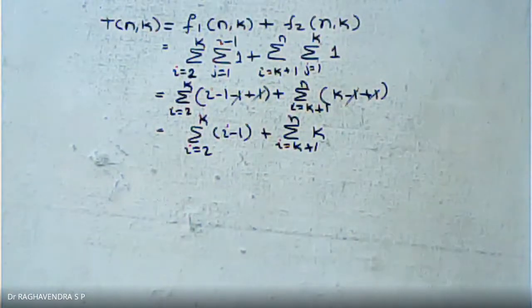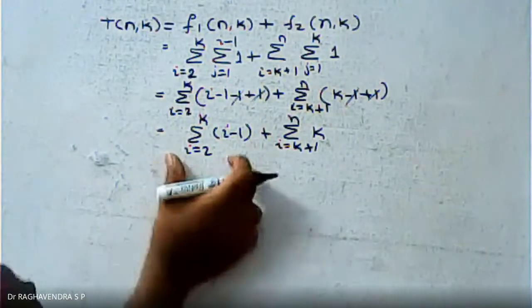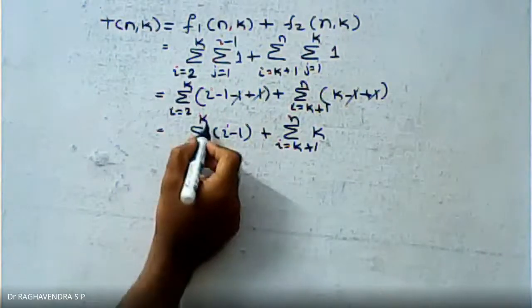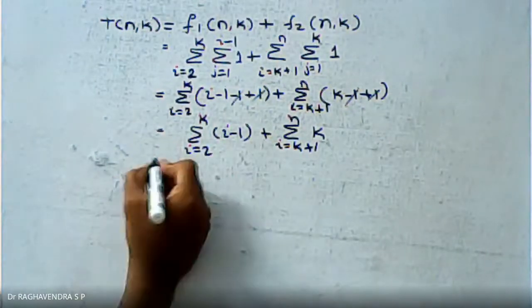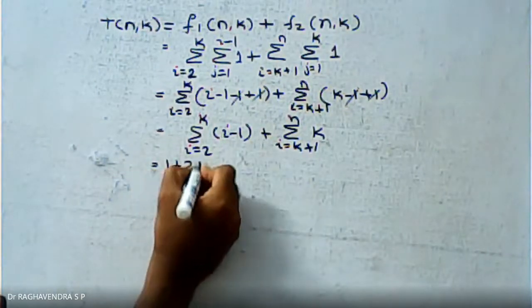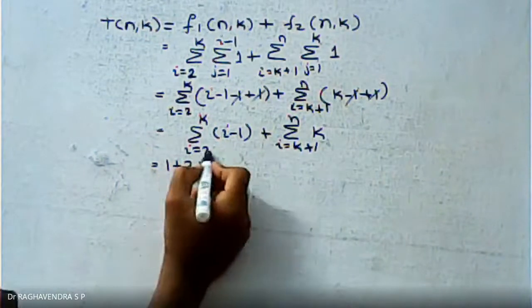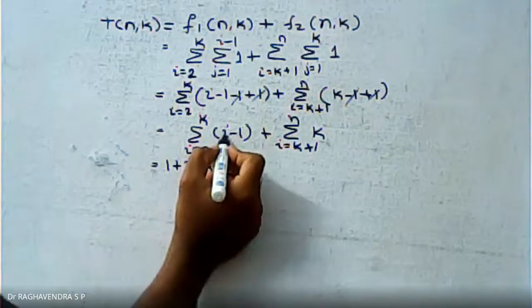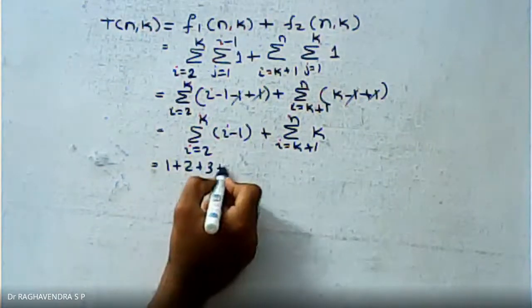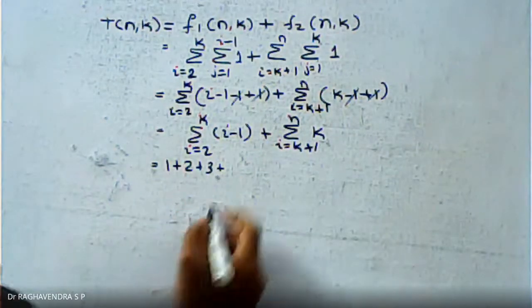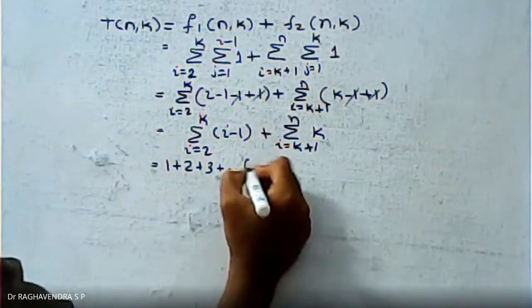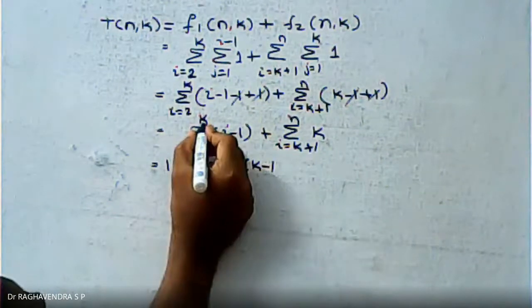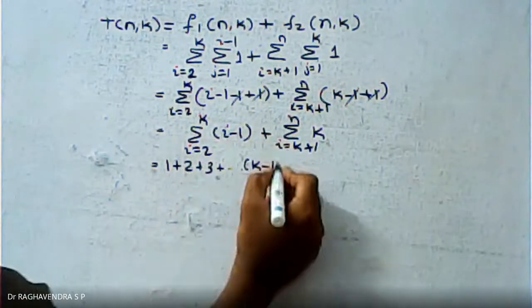Now consider the term i equals 2 to k. This is a series like 1 plus 2 plus 3, because i equals 2 means 2 minus 1, which is 1; i equals 3 means 3 minus 1, which is 2; and so on. It goes up to k minus 1, because the last value is k minus 1.